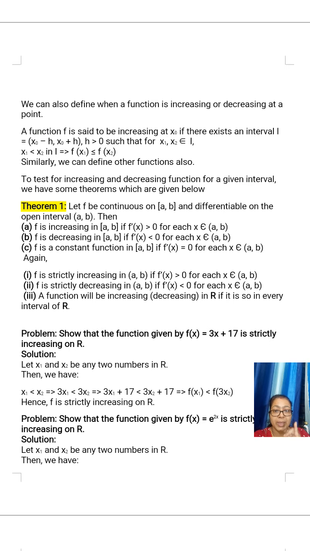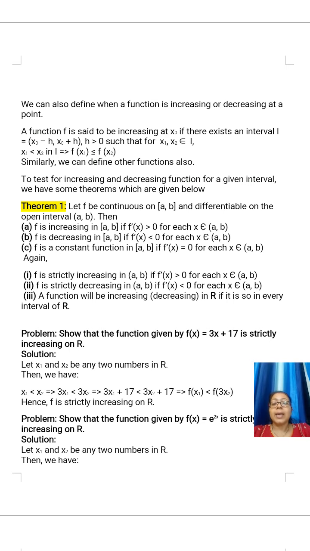Number 1, f is increasing if f'(x) is more than 0. Number 2, f is decreasing if f'(x) is less than 0. And number 3, f is constant if f'(x) is equal to 0. Again, the previous ones are all under closed interval [a, b].